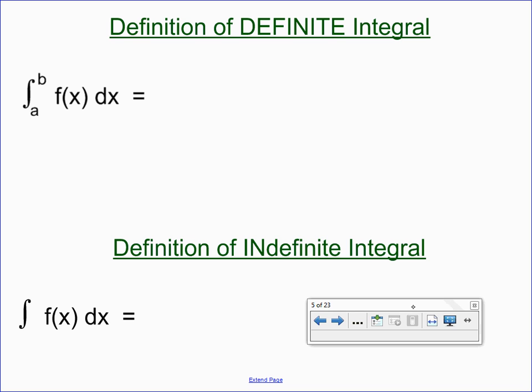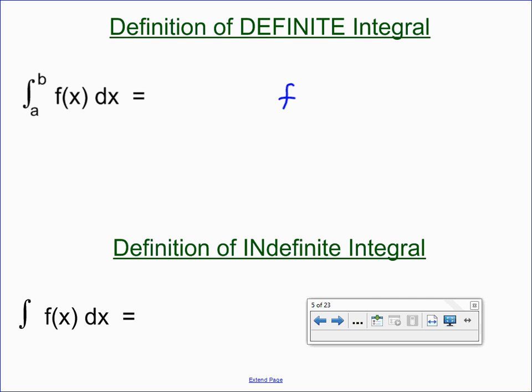Okay, ladies and gentlemen. At this time, I ask that you direct your attention to your note sheet for day 7. Our definition of a definite integral relied on a limit of Riemann sums, where we use Riemann sums to approximate the area underneath the function f, in between the function f and the x-axis over some interval a to b. We started off with the area of a typical rectangle, whose height times width gave me the area of that single typical rectangle.